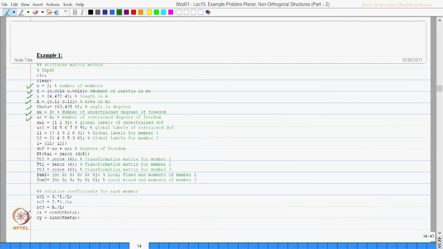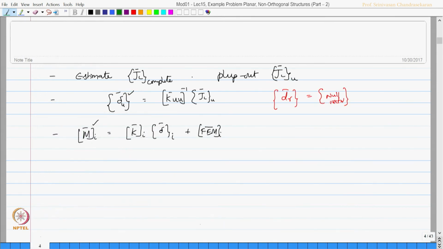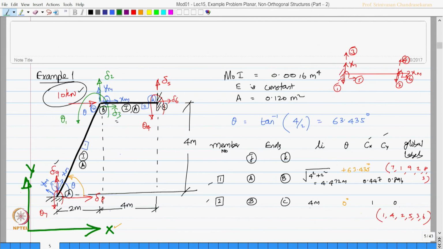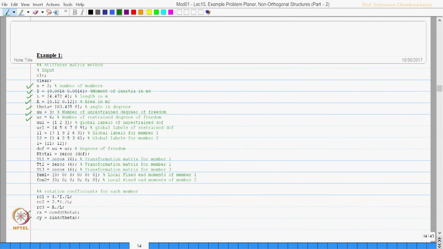Then we have the local member labels and the global member labels, 7 1 9 2 8 3, which is the same as this. You can see here 7 1 9 2 8 3, similarly 1 4 2 5 3 6.